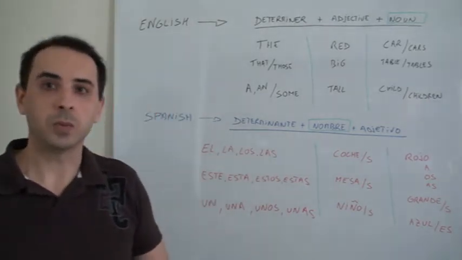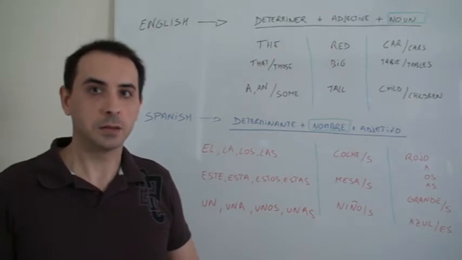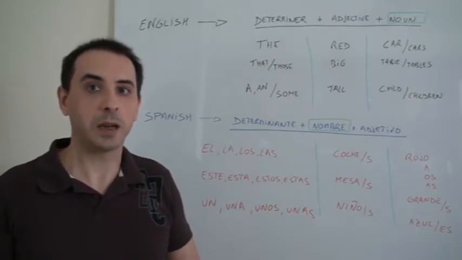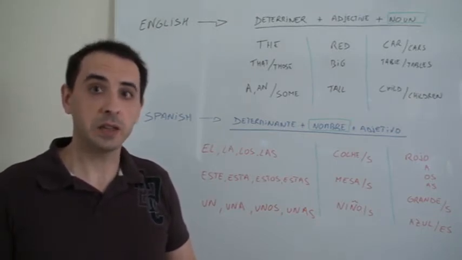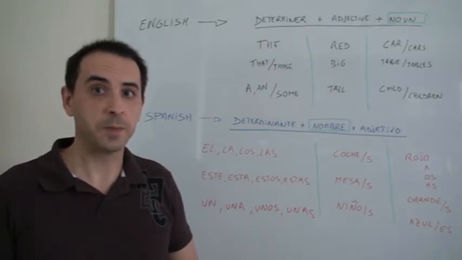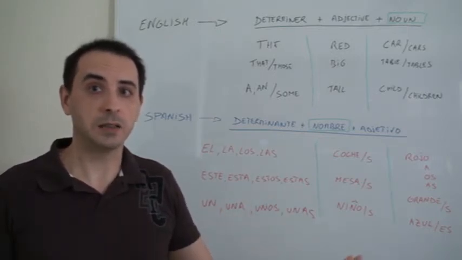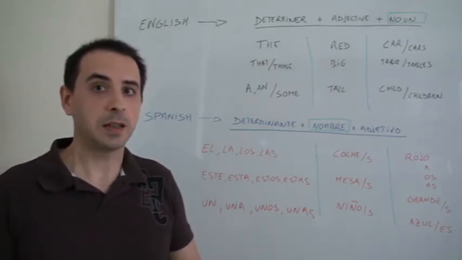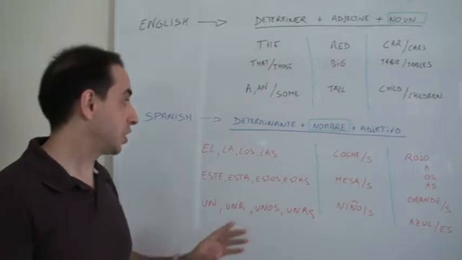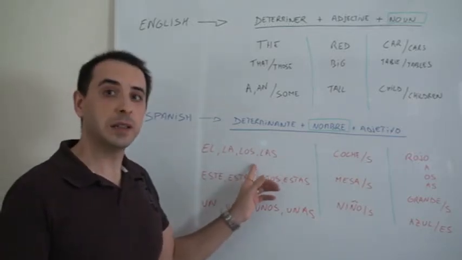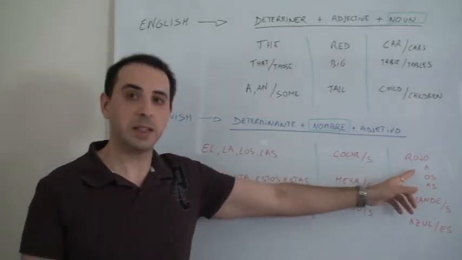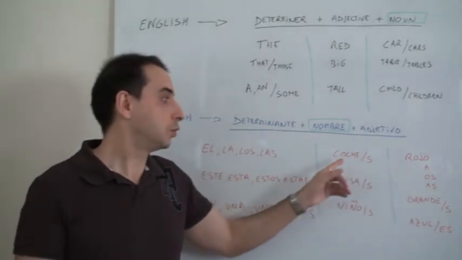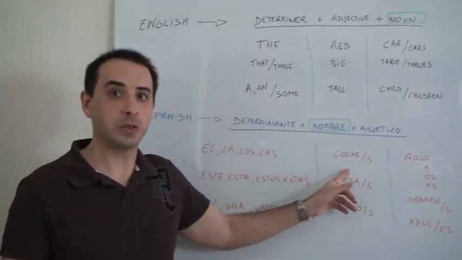What do I mean when I say male, female? What I mean is things in Spanish are either male or female. That means that you have to match the determiner and the adjective to the word you are using.